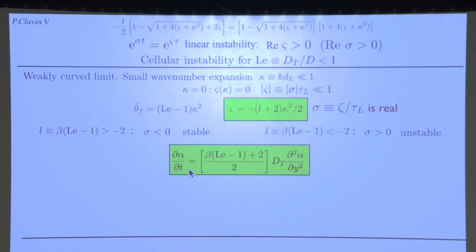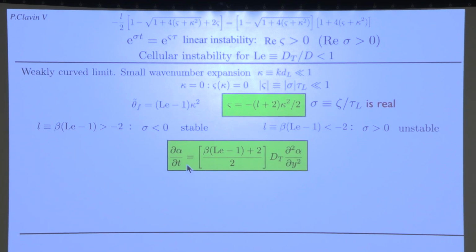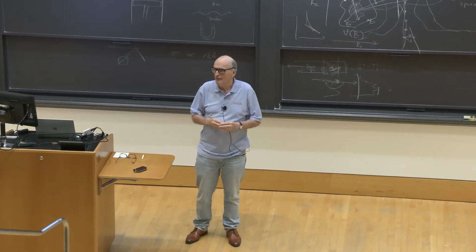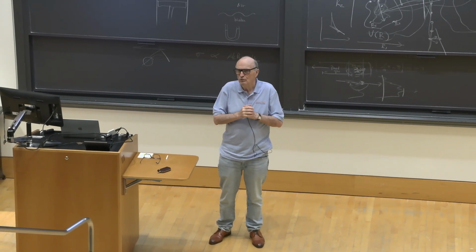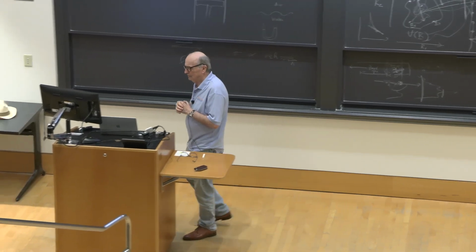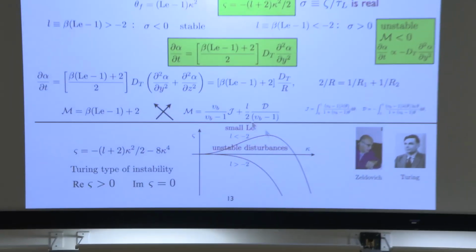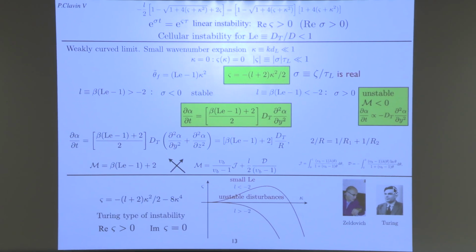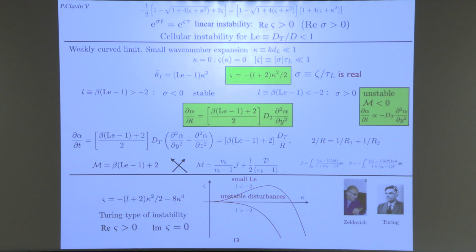And this is something very troubling. Very surprising. Because it turns out that only a diffusion process could destabilize a problem. And this is a very, very deep physical insight into what Turing, this famous English scientist, was studying to understand morphogenesis.